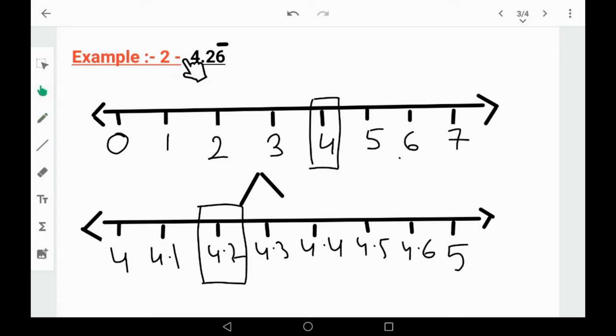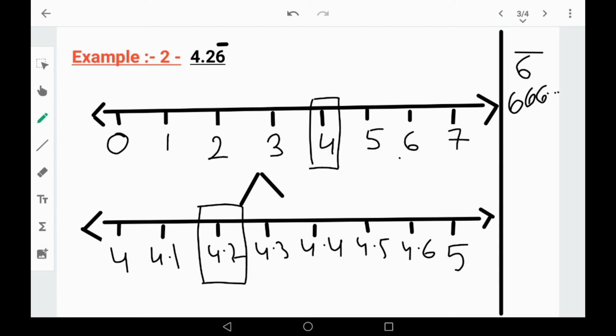Now consider the next digit, that is 6 with a bar. As we know, a bar means that the digit for which the bar is there keeps on repeating, like 6, 6, 6, 6, 6, and so on. We can't mark the point that many times, right?